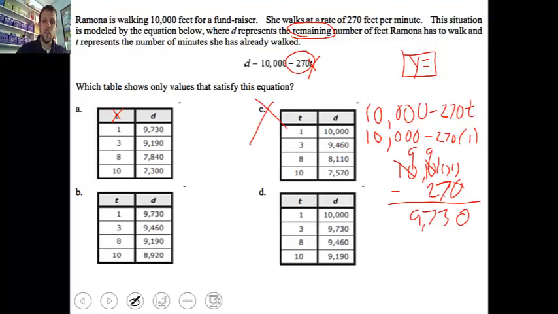I know that's not C, and I know that's not D, because their 1 is supposed to be 10,000. All right, let's do number 3.